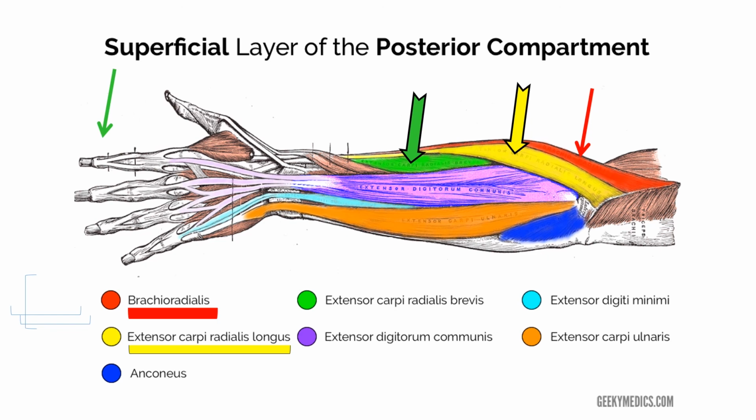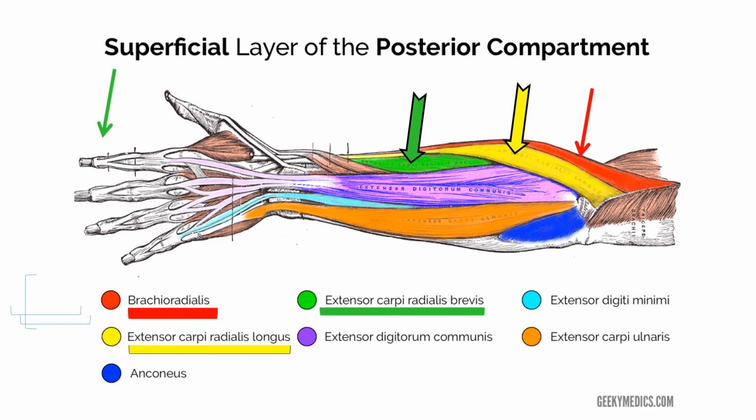And this muscle comes from the common extensor origin, the lateral supracondylar ridge, and this muscle is called extensor carpi radialis brevis. It is the short extensor of the wrist bones.